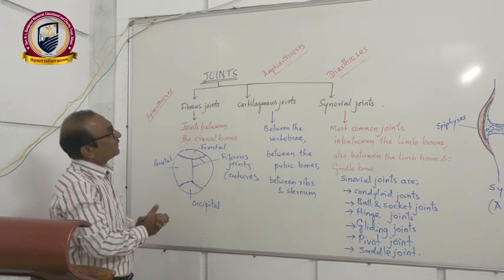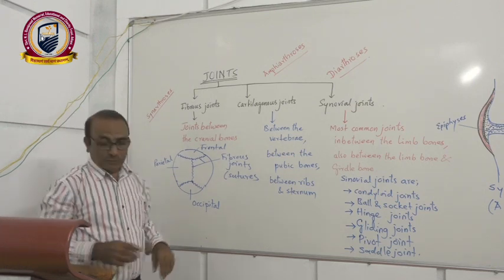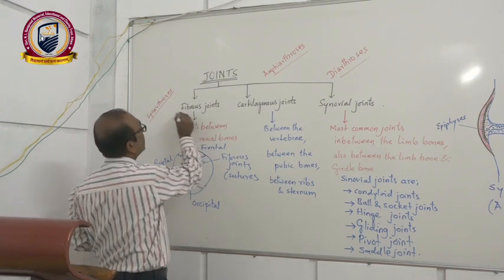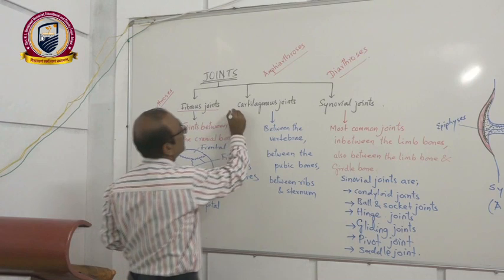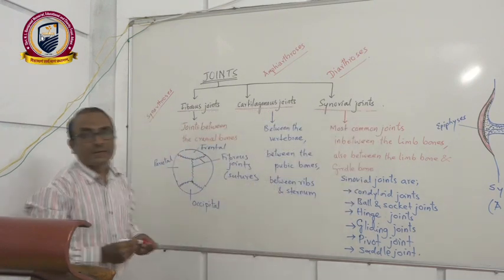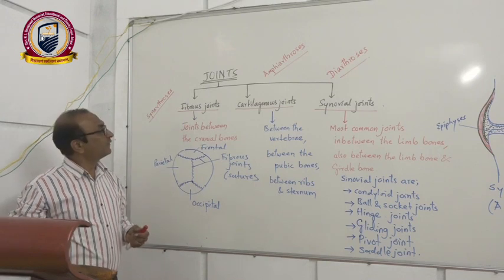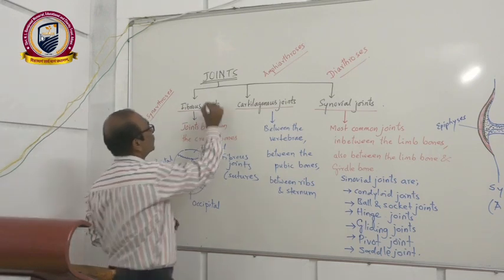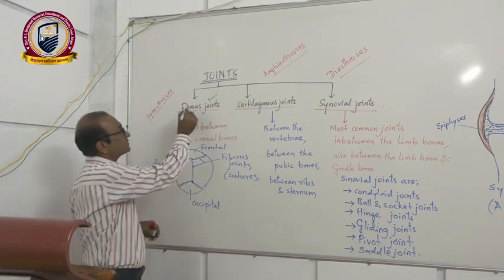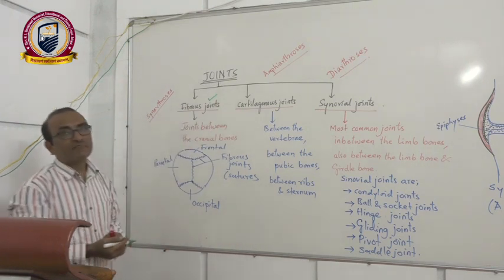Now the basic classification of joints, if you take up, we classify the joints into these main 3 types: fibrous joints, cartilaginous joints, and synovial joints. Let's take up first the fibrous joints. Now what is the meaning of fibrous? Why we are using the term fibrous here?